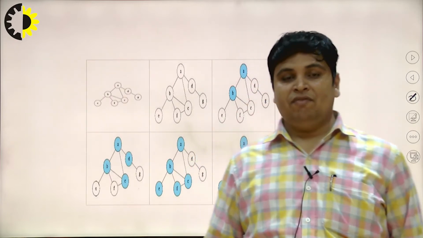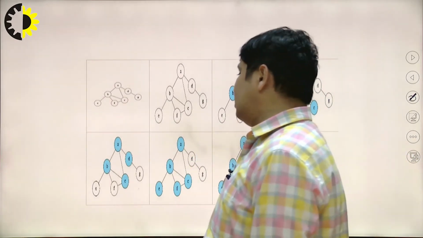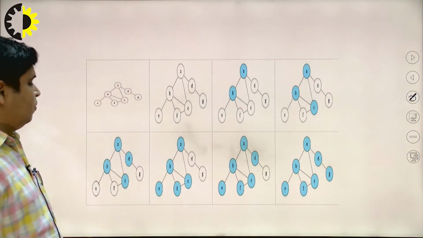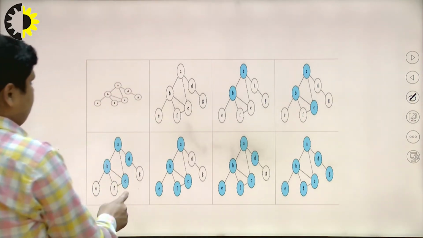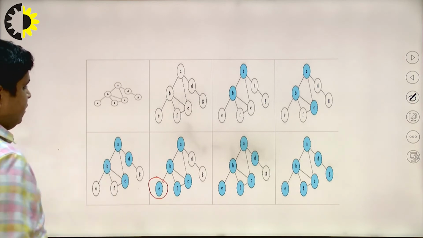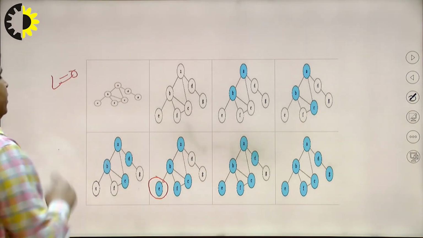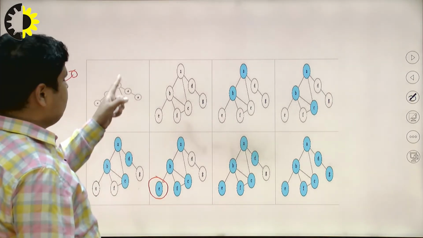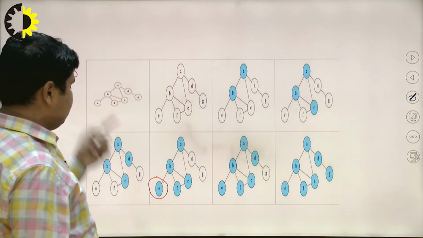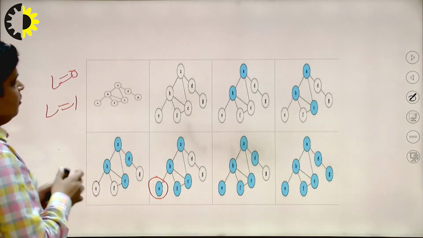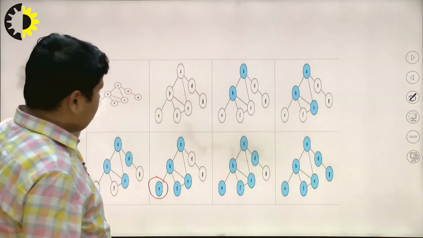You will see inside this picture, suppose this is my goal state. Initially I have defined level as 0. I go to node A, then gradually increase to level 1, visit all the nodes, not found.